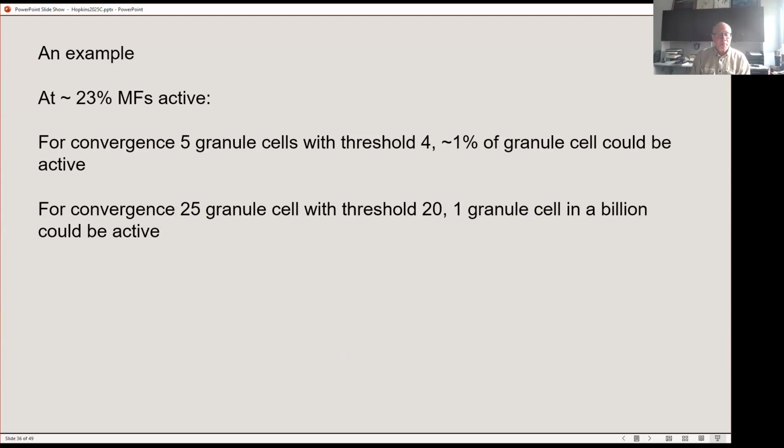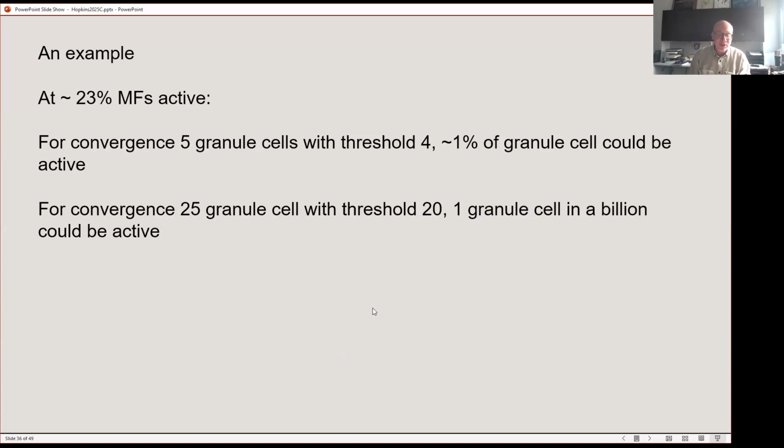Sure, granule cell activity is sparse, but the rabbit cerebellum has fewer than a billion granule cells. Our cerebellums have 40 billion, so if this is the way you built granule cells, about 40 of your granule cells would be active at any given time.